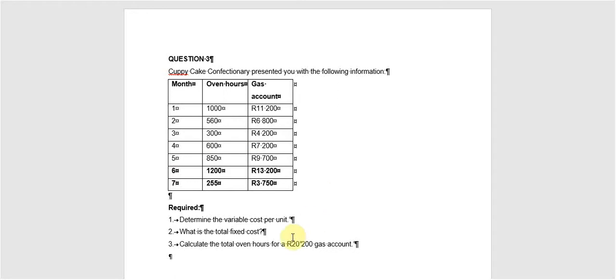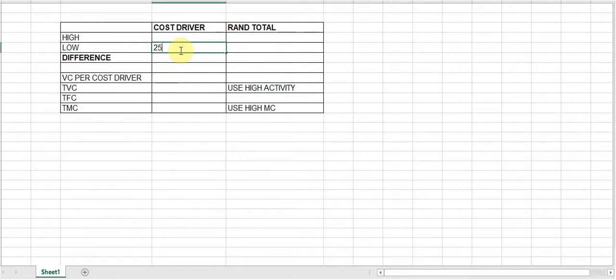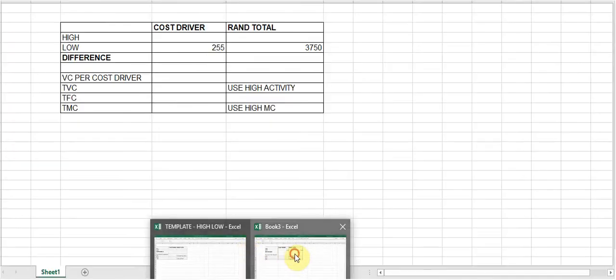So I need to go and fill that out. So for the lowest, I'm going to say it's 255, and that was 3,750. For the highest, it was 1,200 at 13,200.